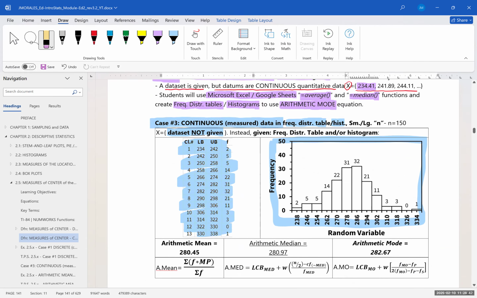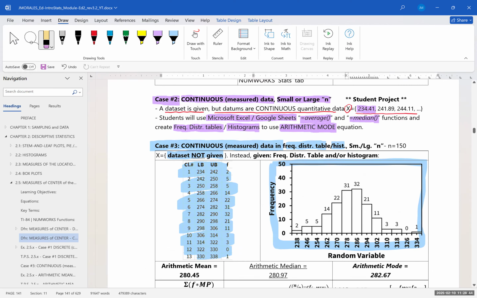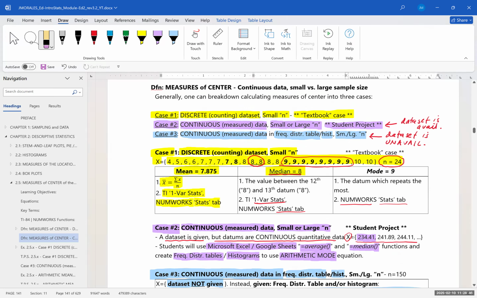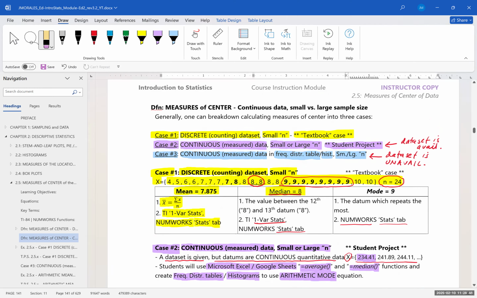Okay, so this is a good place to stop. Again, come back up to the top. When it comes to measures of center, I've broken this down into three distinct cases. Case one is where you're going to be able to use your Texas Instruments or your NumWorks calculator quite easily. Case two is what you're going to be looking at when doing your student project.